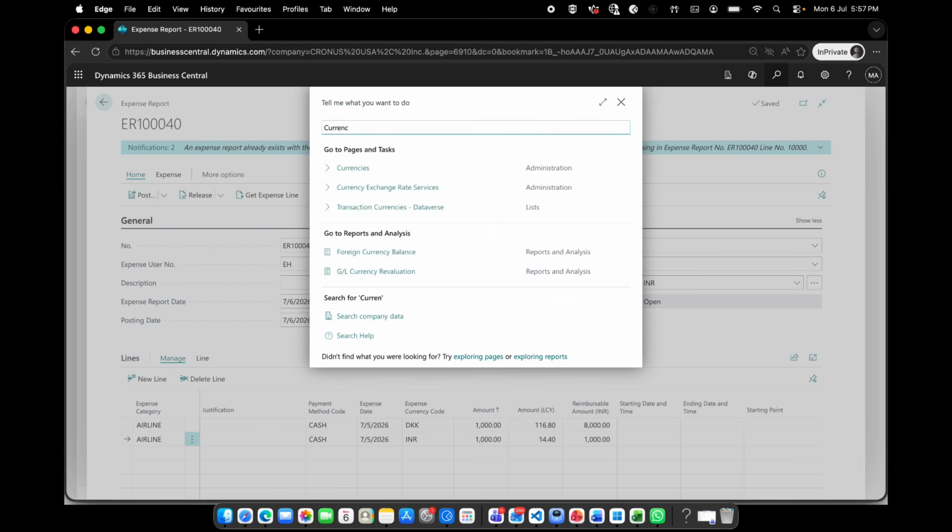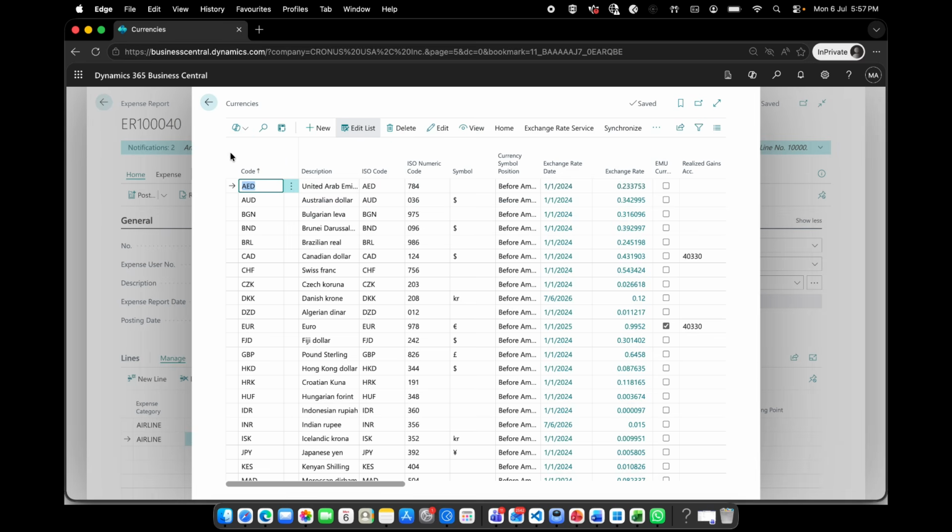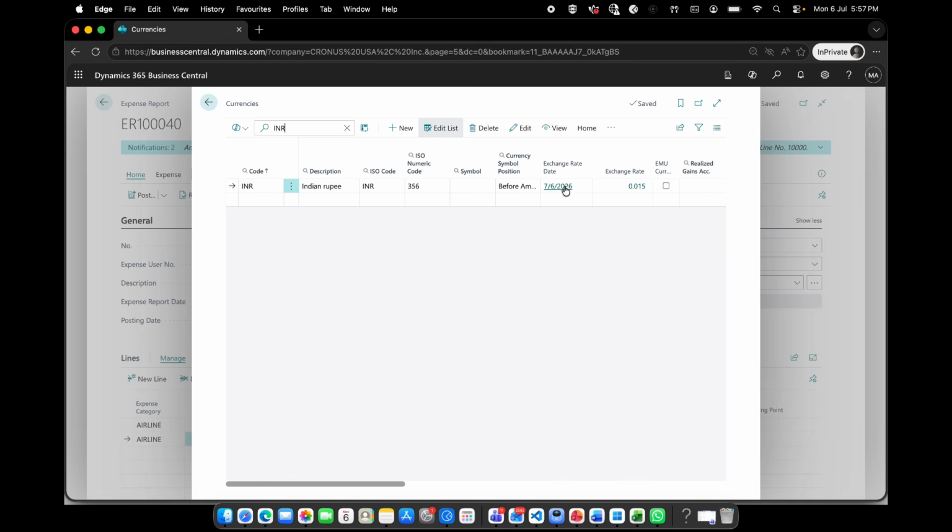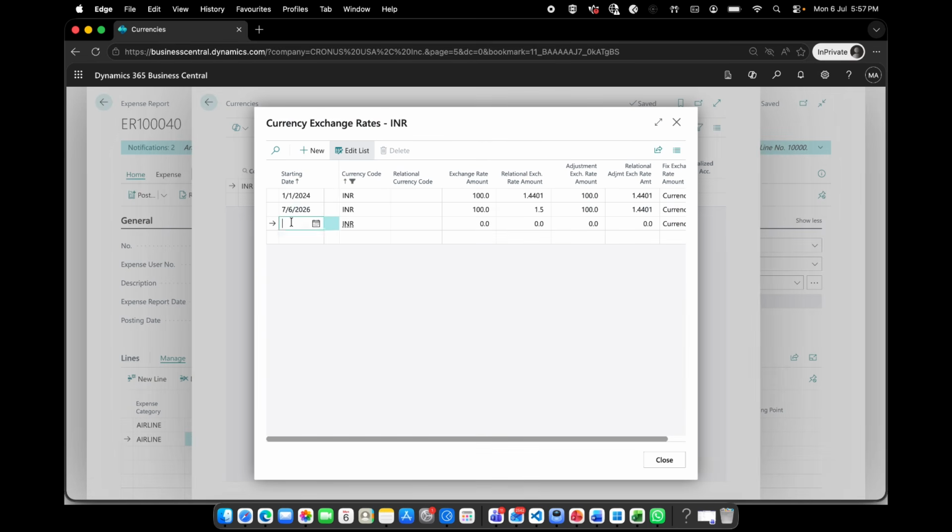And if I go back to my currencies now, I will change INR again to, let's say, tomorrow's date. And this time I'm going to make it, I don't know, 2 maybe.